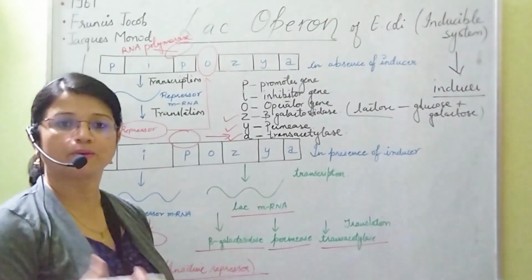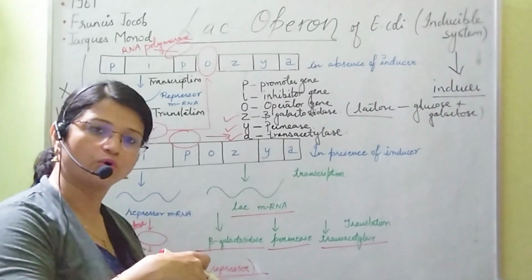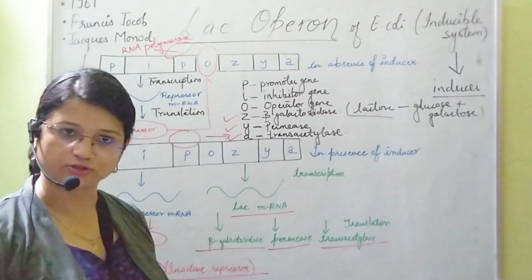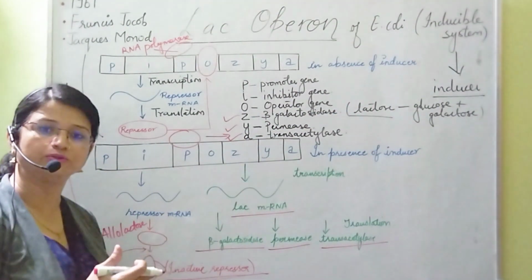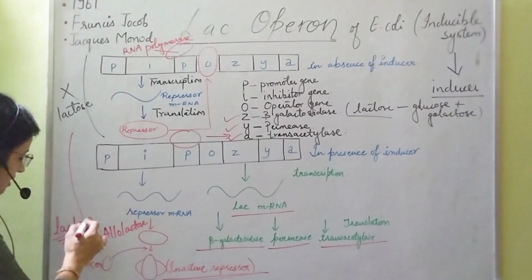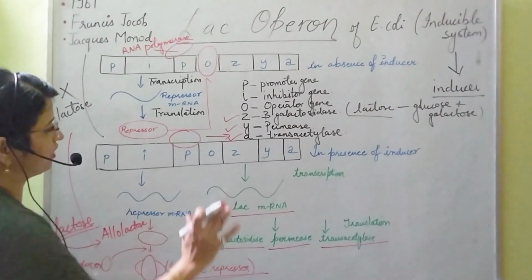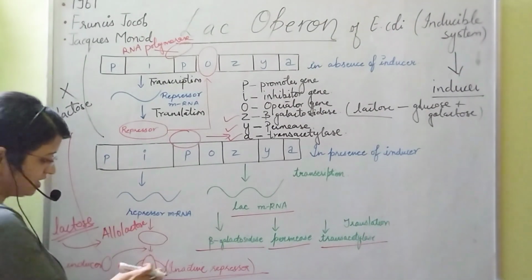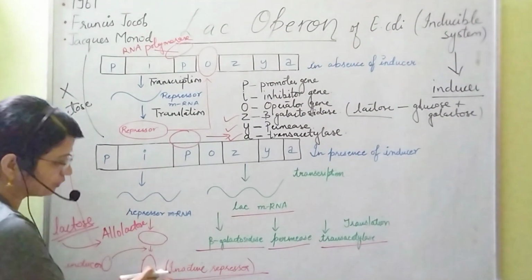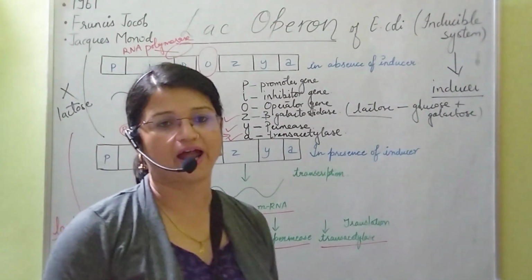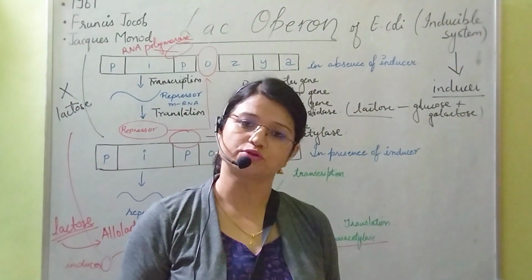And what will happen? There will be the breakdown of lactose into glucose and galactose. This process will continue until all the lactose is used up. And when it is used up, what will happen? Again, this repressor protein will go and bind to the operator gene, and again it will become switched off.